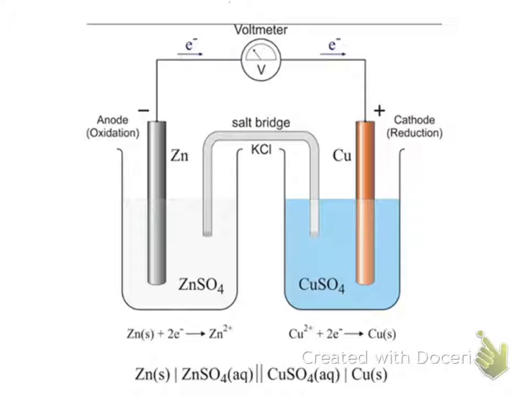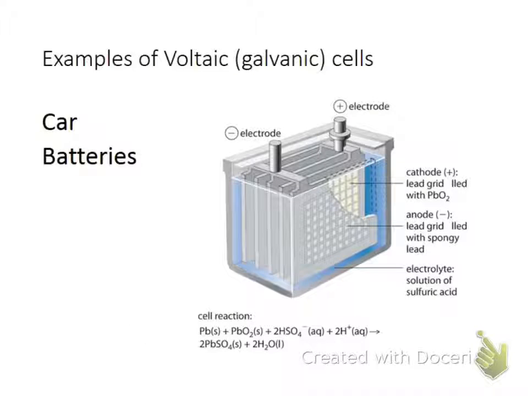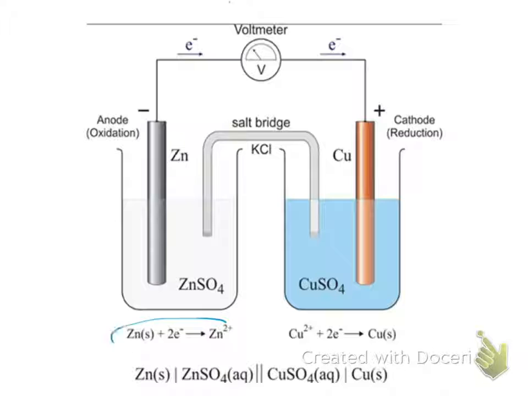Okay? The voltmeter is just there to measure the voltage that is produced by this particular reaction. This should have been flipped because they're showing it as a reduction, and it needs to be shown as an oxidation because that's where oxidation is occurring. So I would flip that and do zinc 2+ and then yield zinc plus 2 electrons.